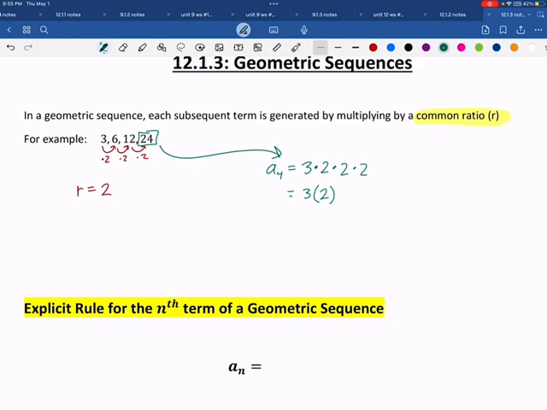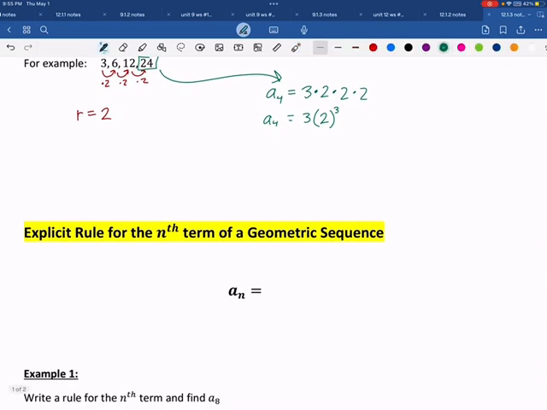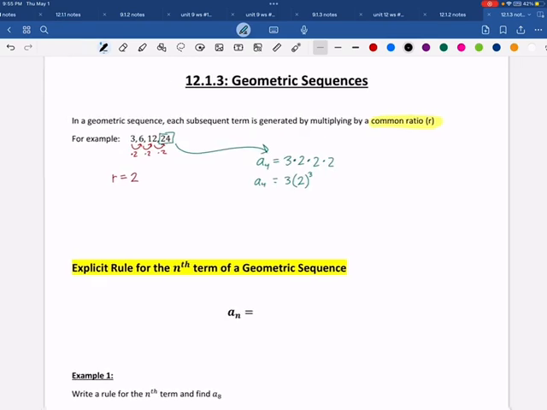So it's 2 to the something power. In this case, it's 2 to the third. So our a4 is 3, which we can associate with our a1, our first term, times 2, because that's the common ratio. And for a4, it's raised to the third power. If we were to back up to a3, then that would only be two 2's, it'd be raised to the second power.